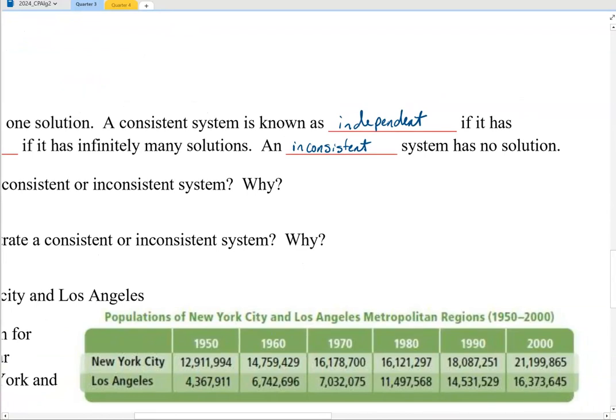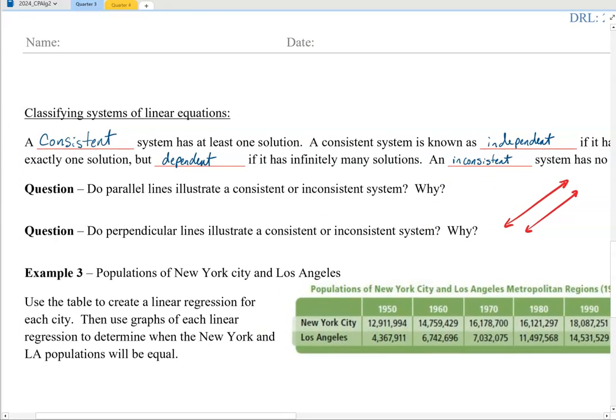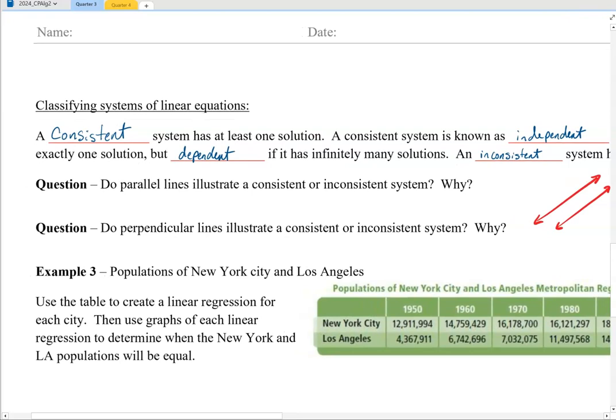That means that the lines do not touch or cross one another. And of course, that happens when we're dealing with 2 lines that represent a system are parallel to one another. So, if I start to ask the question, do parallel lines illustrate consistent or inconsistent systems? Hopefully you recognize that they are inconsistent, and they're inconsistent because no solution is obtained.